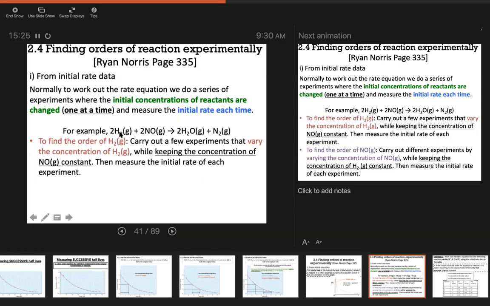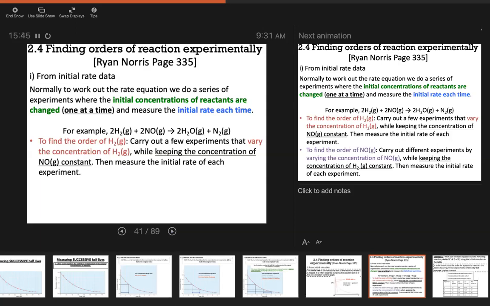So I carry out one experiment, a particular concentration of hydrogen, and then I measure the rate of that reaction, okay? And then the second experiment, I change the concentration of hydrogen, maybe increase it by 2, and then I measure the rate.